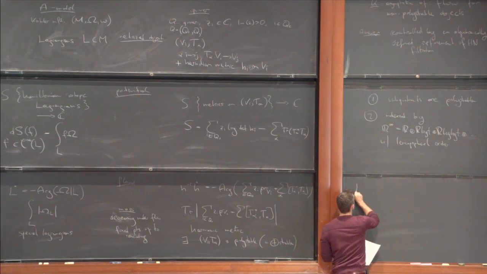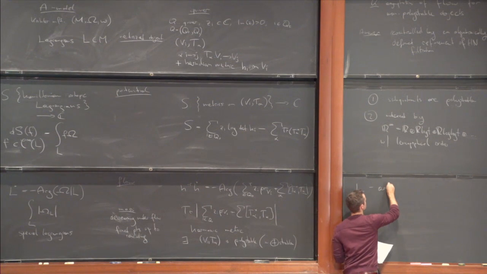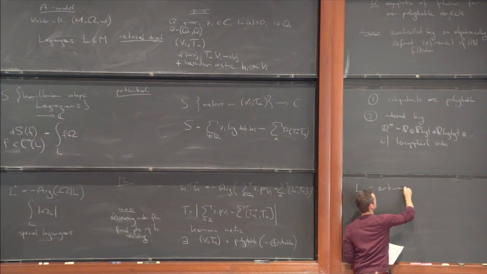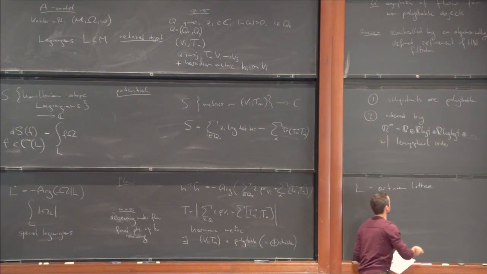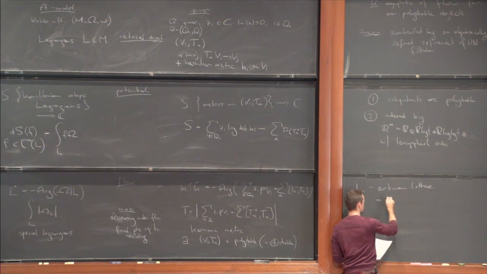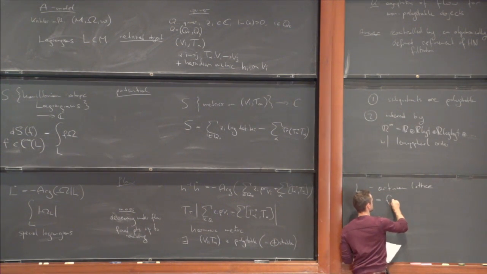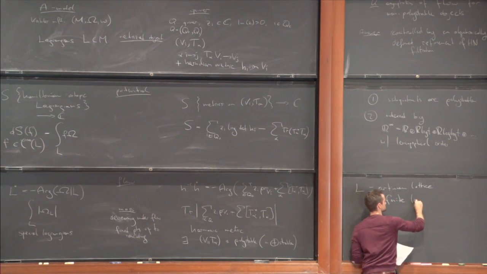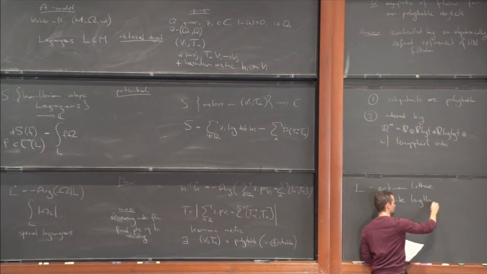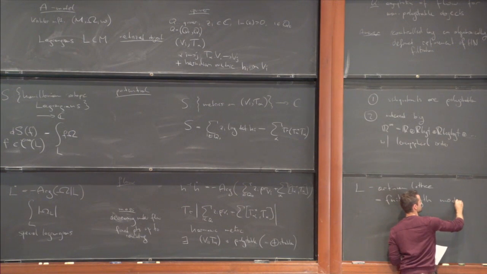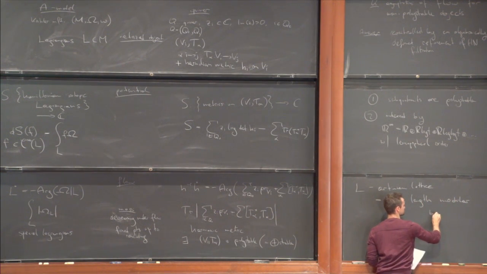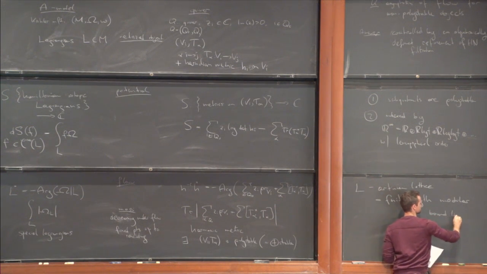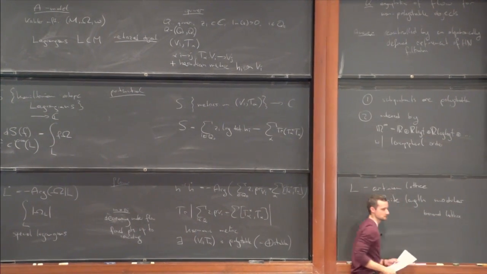So if L is an Artinian lattice, which means it's a finite length modular bounded lattice.